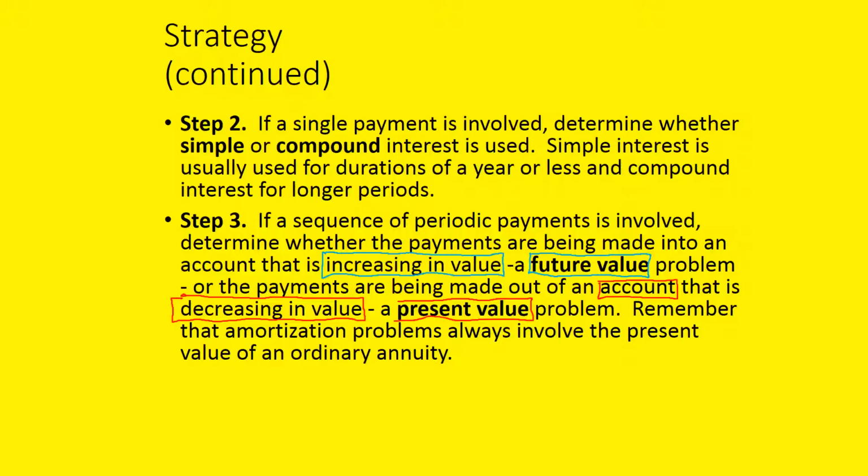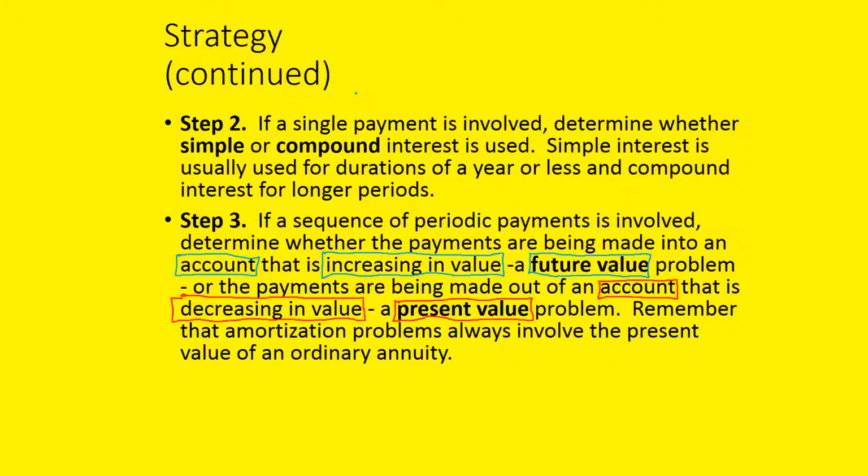In a future value problem, the amount in the account starts off little because you're just making little payments and there hasn't been any big payment, any lump sum. So it starts off small, but then at the end it gets to be huge, big old payment.